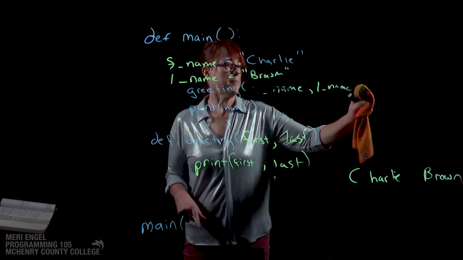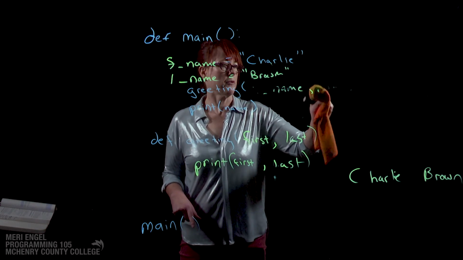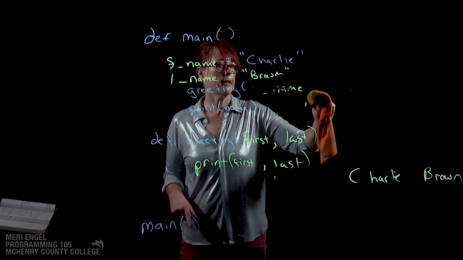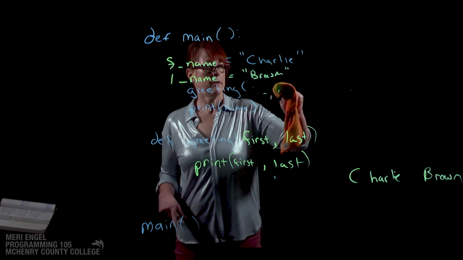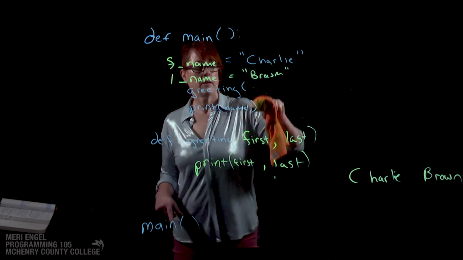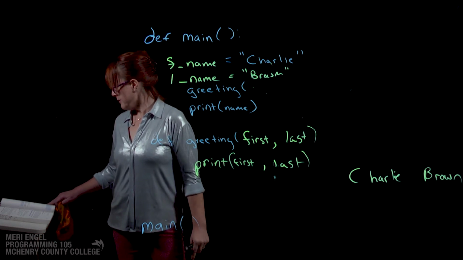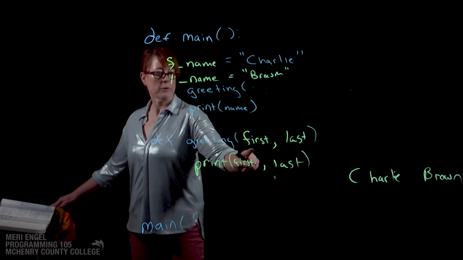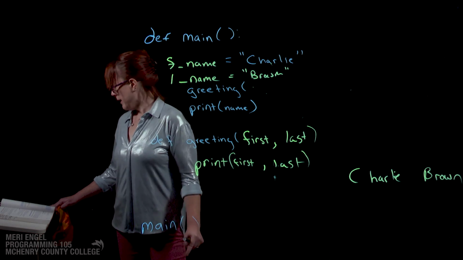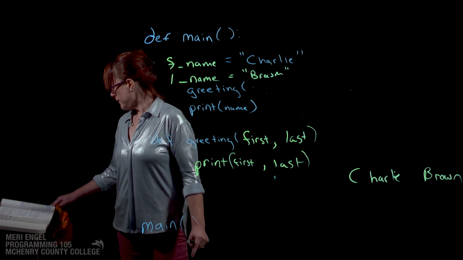So if we wanted to specify and send them out of order, which again is unusual but allowed, we would pass it with knowing what it's getting passed into here. So here we're getting first and last. I could reverse the order.